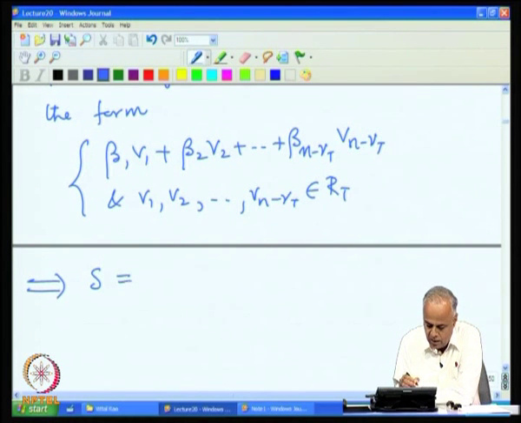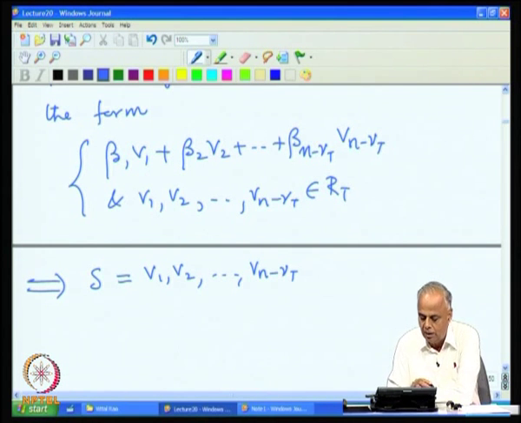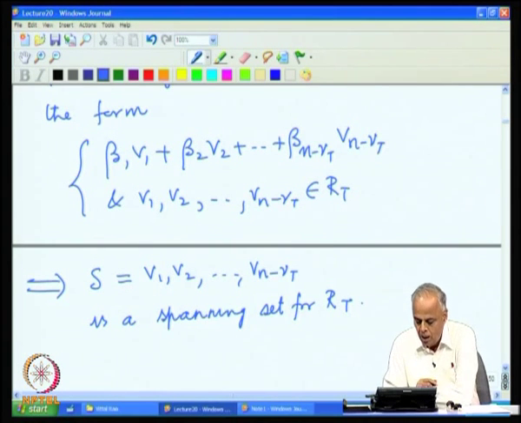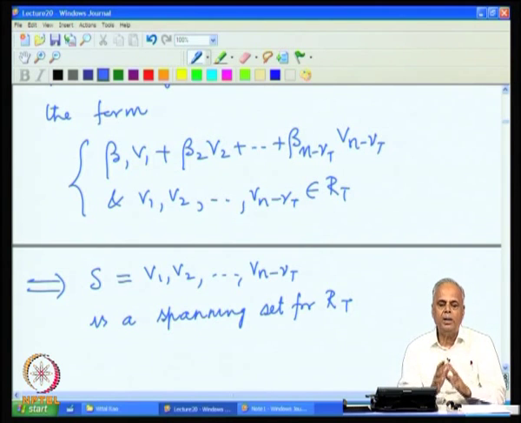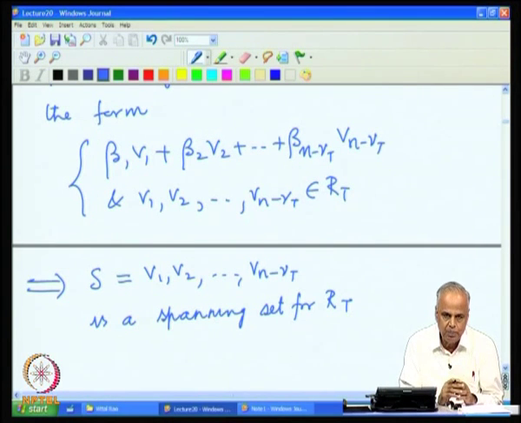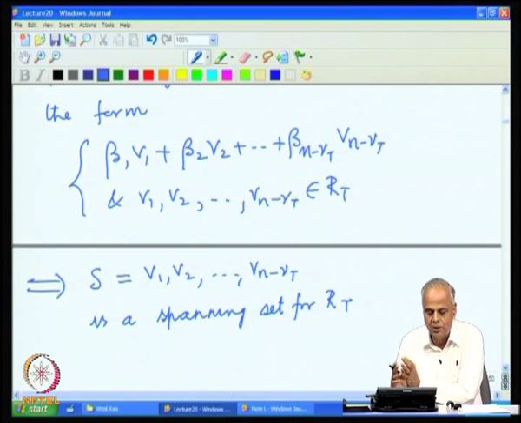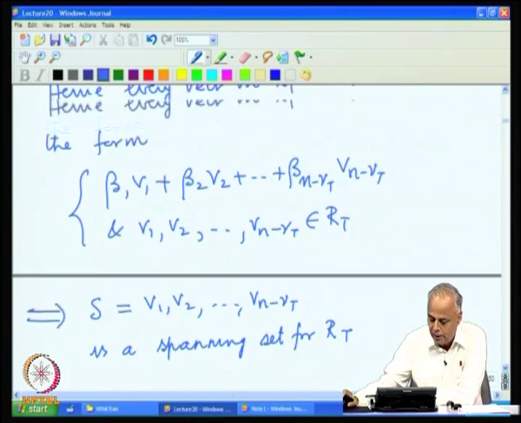If we call this set S, since every vector in the range of T is a linear combination of this, it is a spanning set for range of T. So, starting from a basis for the null space of T, we extended it to a basis for the whole space V, and looking at the image of these basis vectors, we got hold of a spanning set for the range of T.